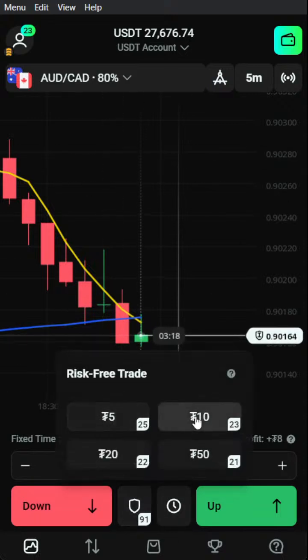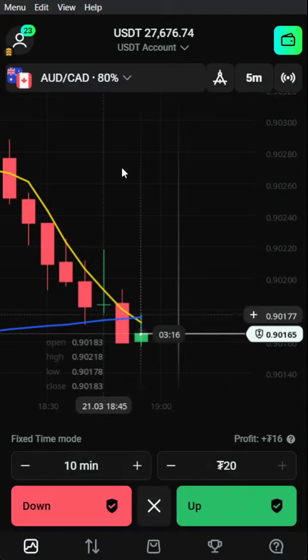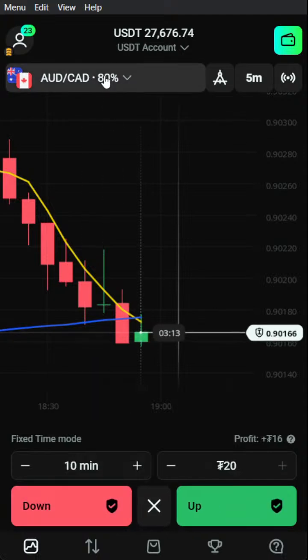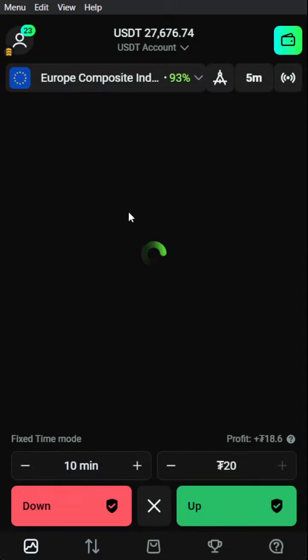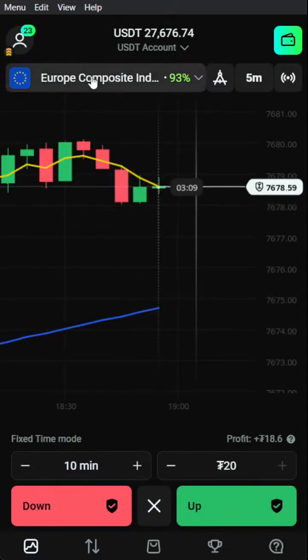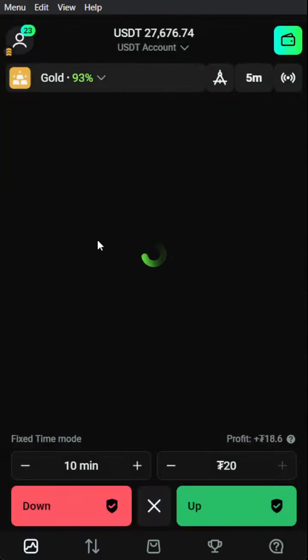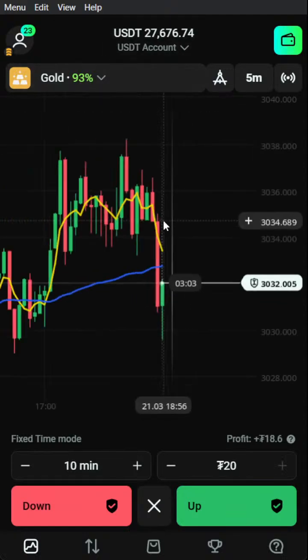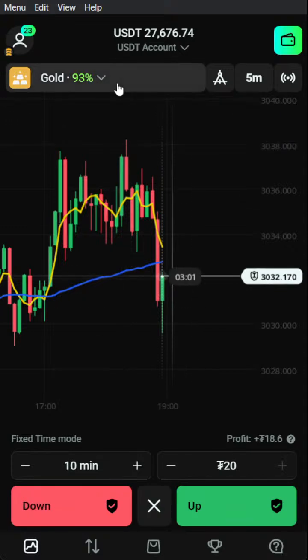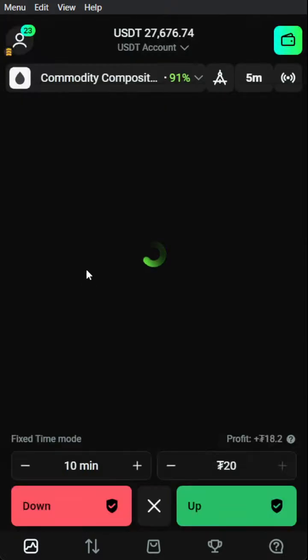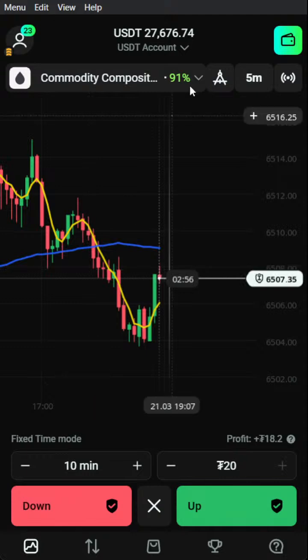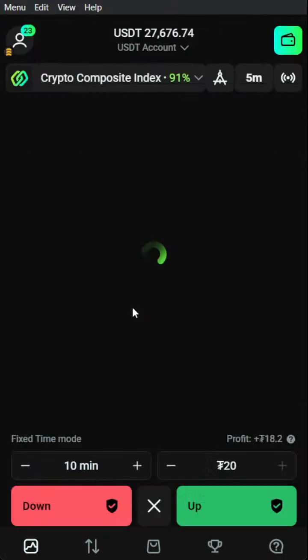So now I'm going to use a $20 maybe risk free, and then I'll make a trade. I'll come back to AUDCAD, guys. Again we see a down signal in gold as well, that's coming up. So we have 2-3 signals coming up. We might be able to make 2-4 trades. We will do that.